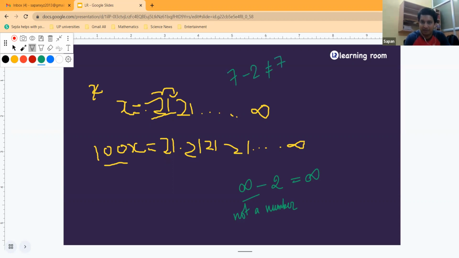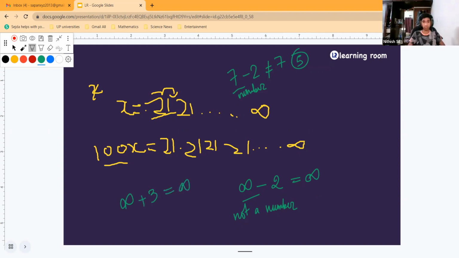It has to be 5, because 7 is a number. Infinity is not a number, it's like space, it's endless. And not only subtraction, if you add 3 to infinity, it still remains infinity only. Nothing more.